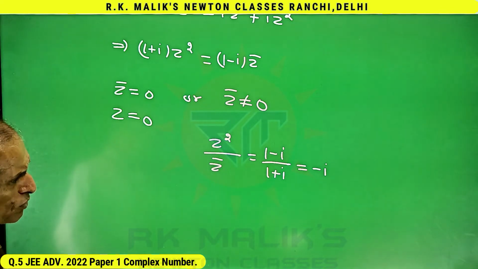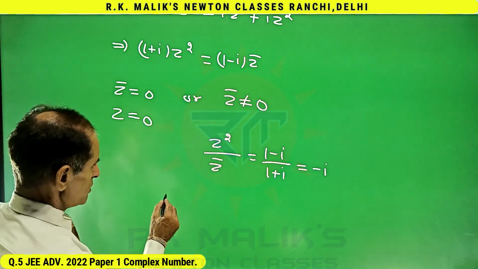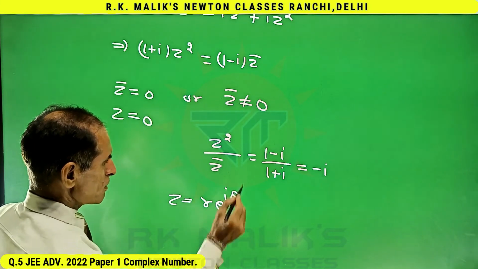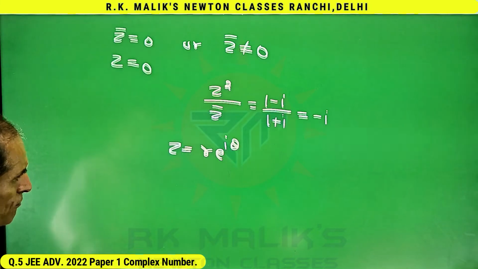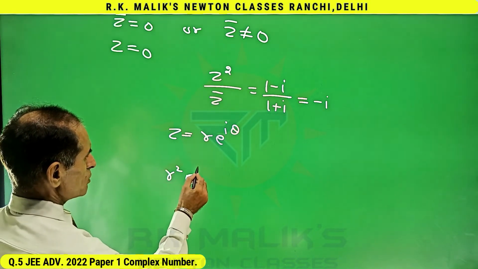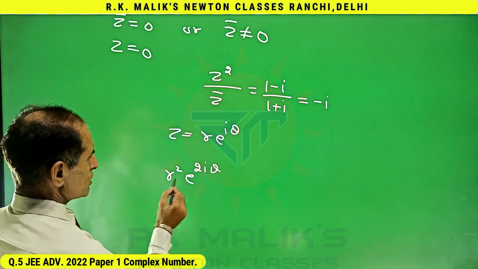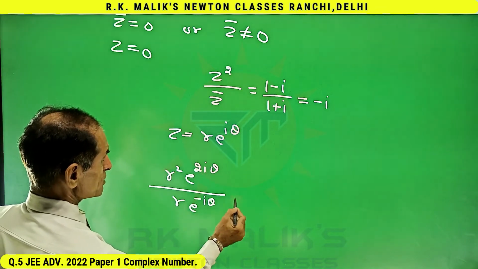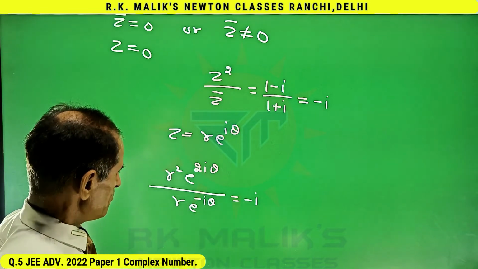And one more possible solution is, let z equal to r e to power i theta. From here I get r square e to power 2i theta upon r e to power minus i theta equal to minus i.